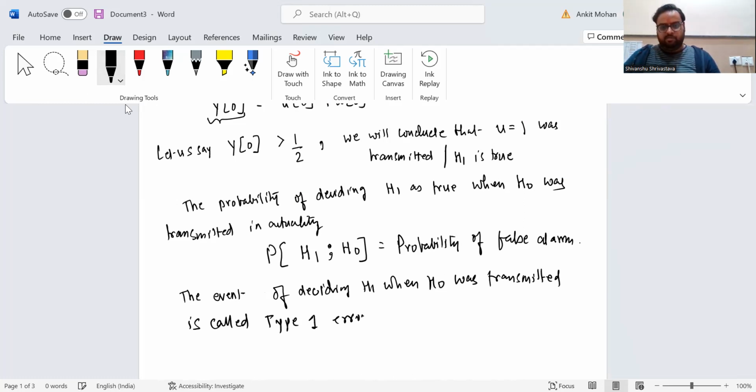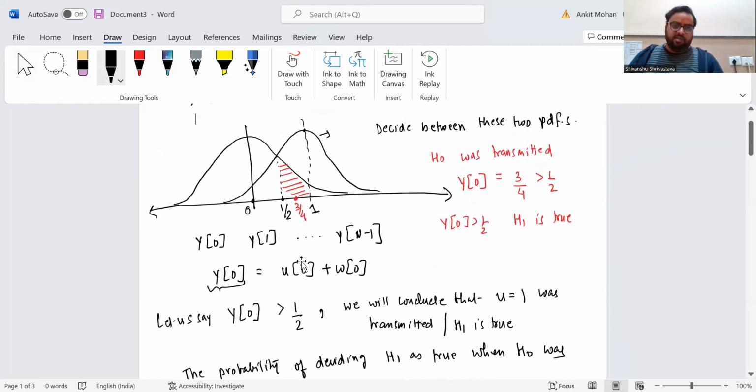This is an erroneous event. Actually H0 was transmitted and we have decided that H1 is transmitted. So basically this condition can be seen as a false alarm condition: H0 signifies the value 0 that was transmitted, whereas we are saying that 1 is transmitted. In actuality there was nothing, just 0, but we said there is some value, one value. So that is a false alarm event, and this is known as a type 1 error.